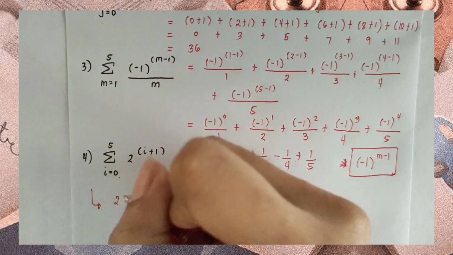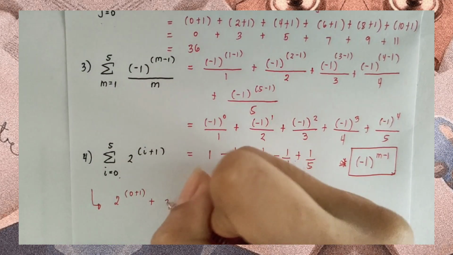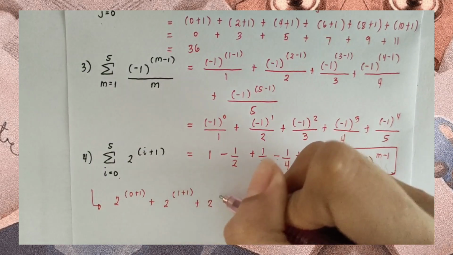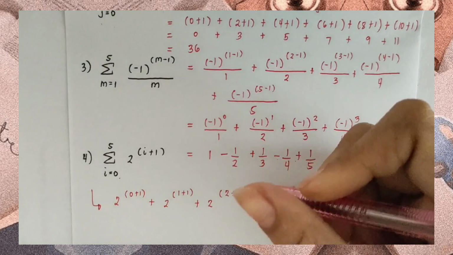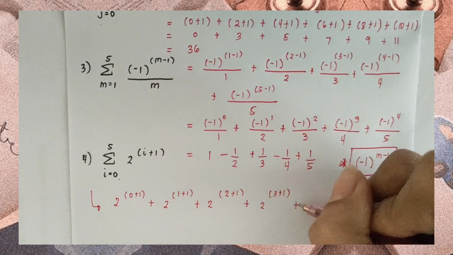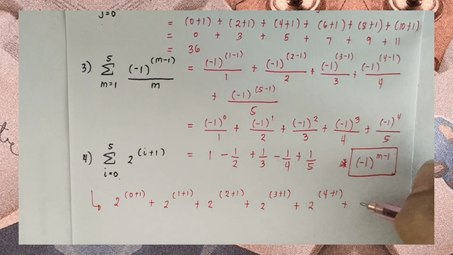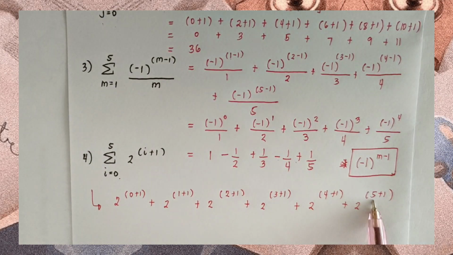Let us substitute 2 raised to 0 plus 1 plus 2 raised to 1 plus 1 plus 2 raised to 2 plus 1 plus 2 raised to 3 plus 1 plus 2 raised to 4 plus 1 and then 2 raised to 5 plus 1. We stop at 5 because that is our stopping point.